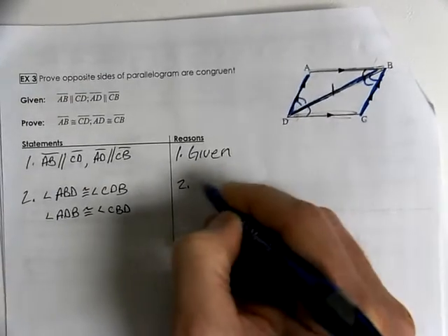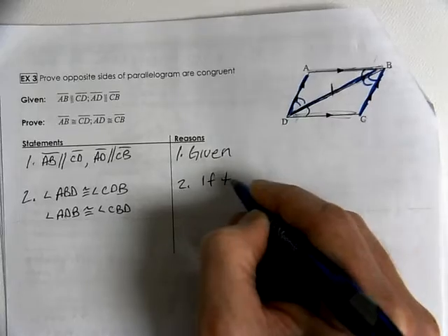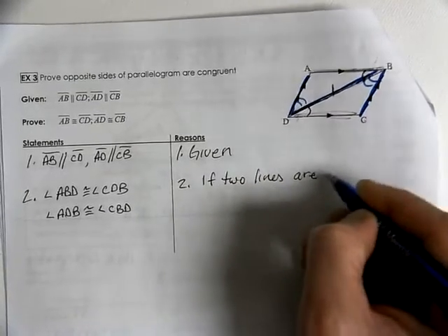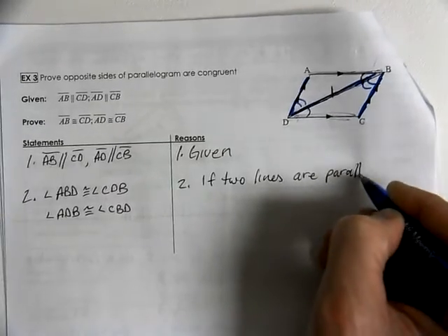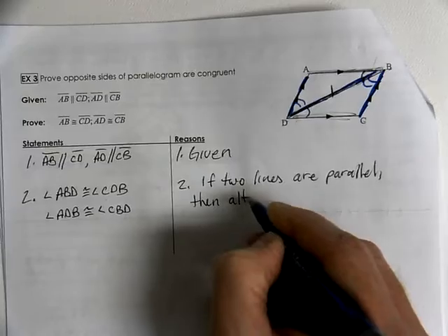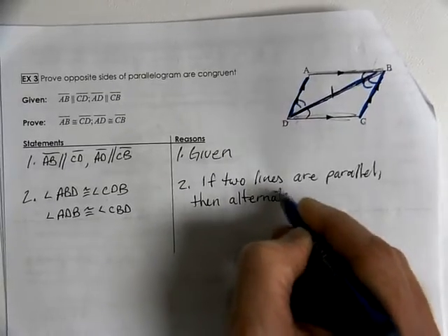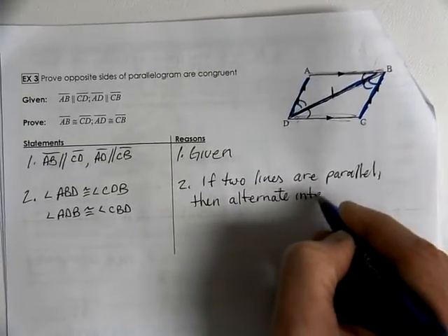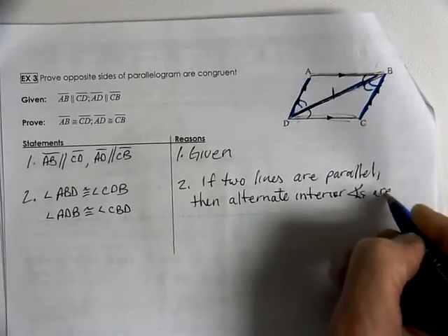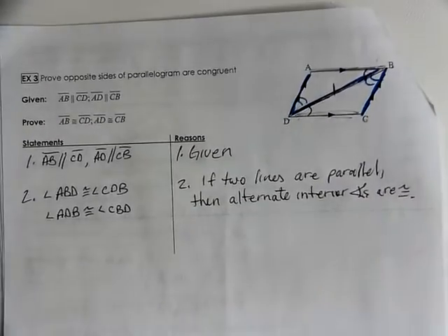We know those are congruent. If 2 lines are parallel, then alternate interior angles are congruent.